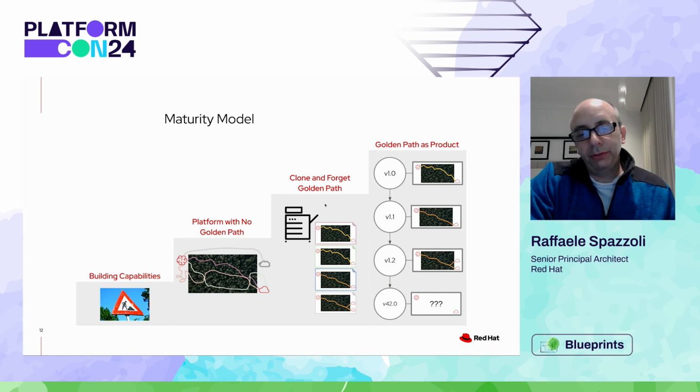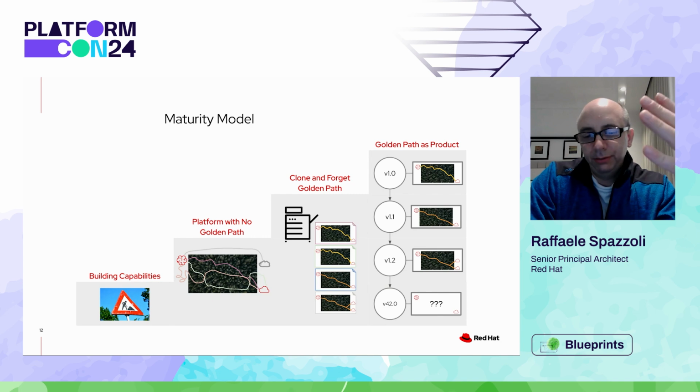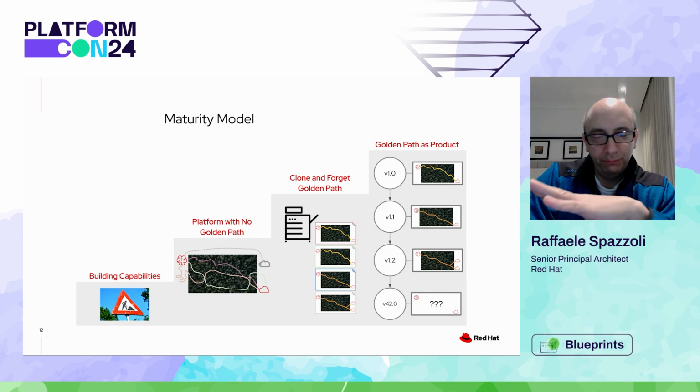Very often we see golden path where there is a template somewhere, and you run the template, you get a copy of the result, and maybe it's your pipeline or your starting point for the deployment manifest. But then, as with everything in software, the golden path evolves, and you have a copy from many versions before, and you have no way to upgrade to the newest version.